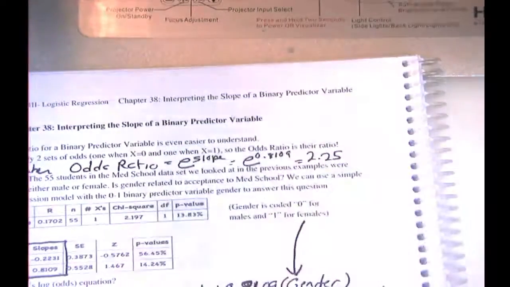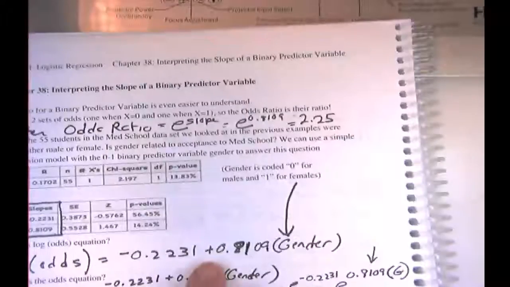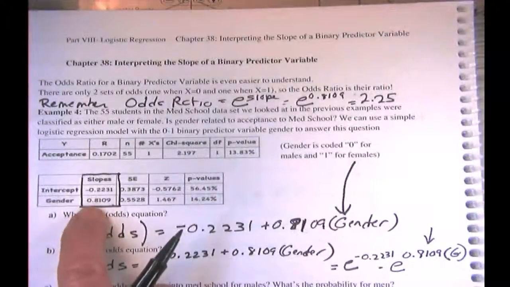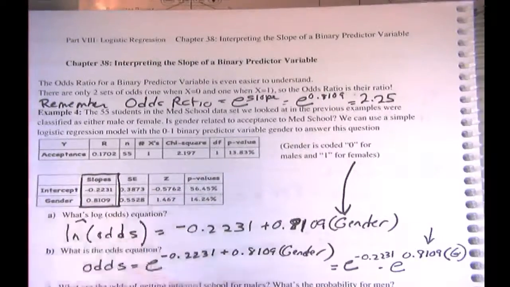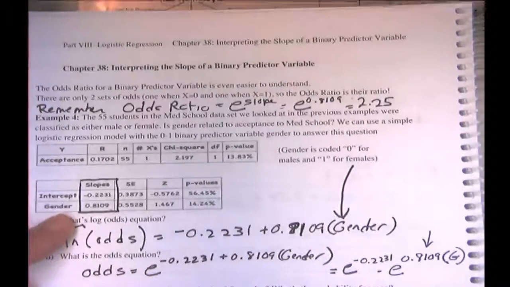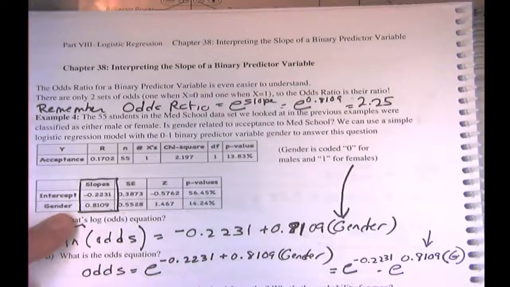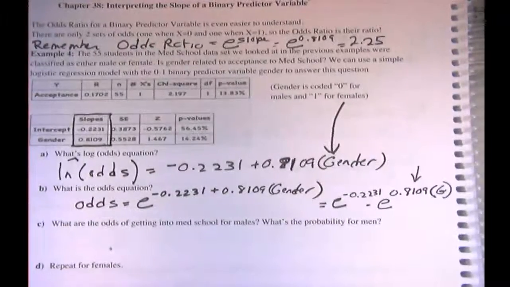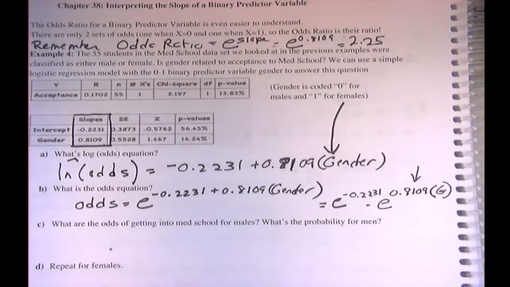So what that's saying, the odds equation, see how it's this coefficient here, when you exponentiate that, that tells you the odds for gender. And since females were coded as 1, the odds of getting into med school are e to the 0.8109, and that's 2.25 times what?